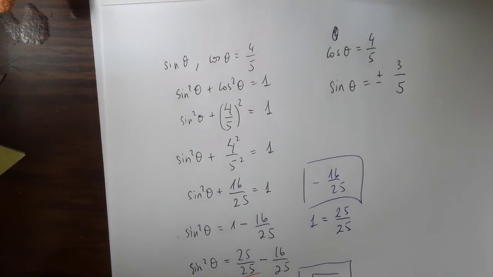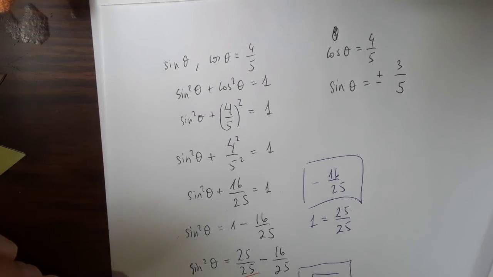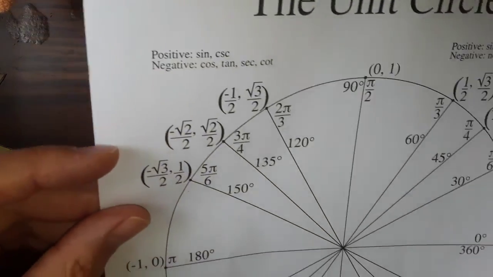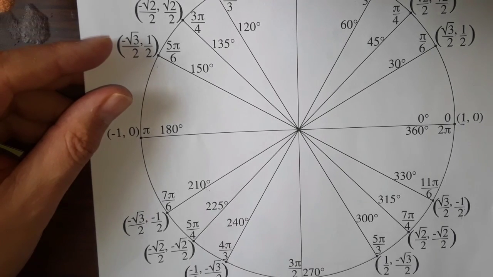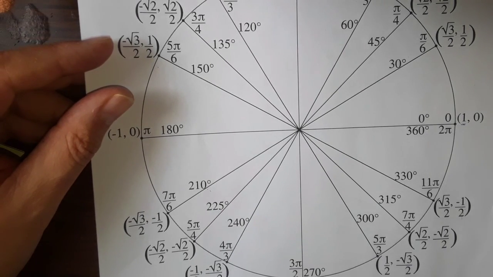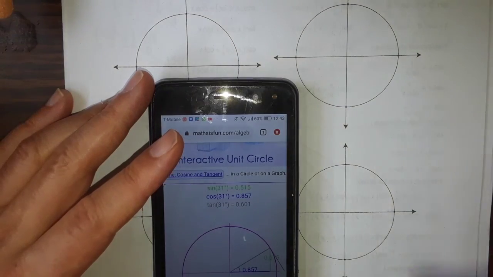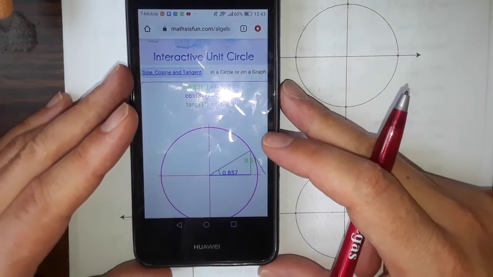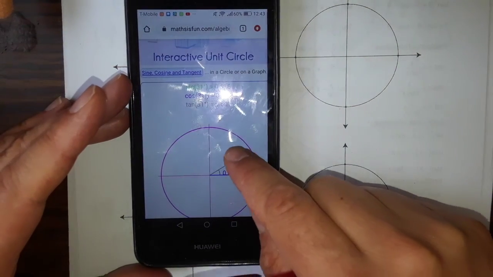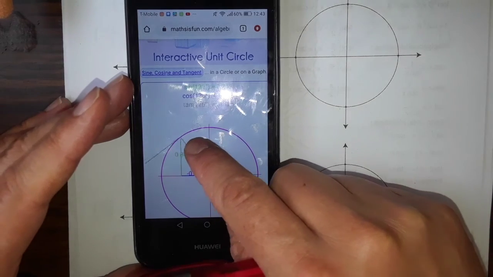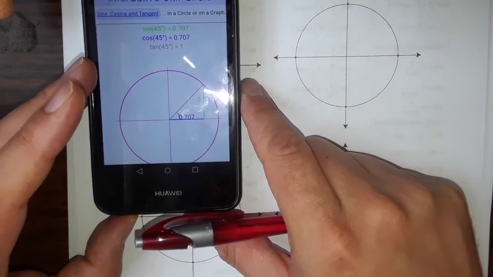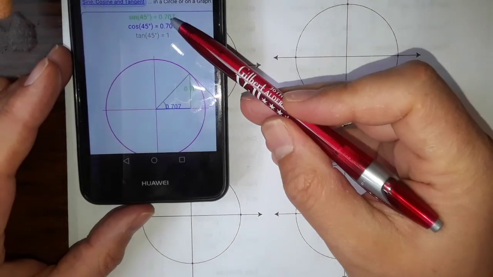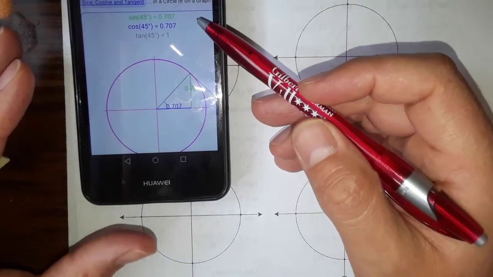I want to show you, and this may be a little bit difficult for some students. Maybe just a second. I'm going to look for a phone, and I'm going to show you something on a phone. Now I have the phone, and I wanted to show you in this interactive unit circle. I want you to look at when the sine, which is up here, is positive and when it's negative.